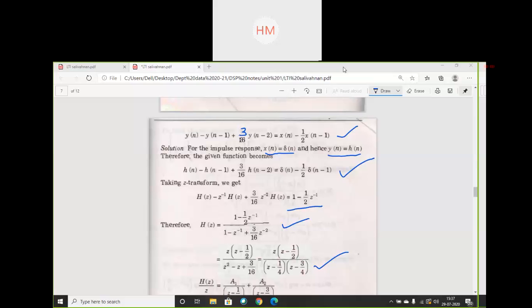Three students have simplified, others waiting for others reply. It's not that tough to find out the factors, A1 and A2 coefficients. Sorry, A1 and A2.